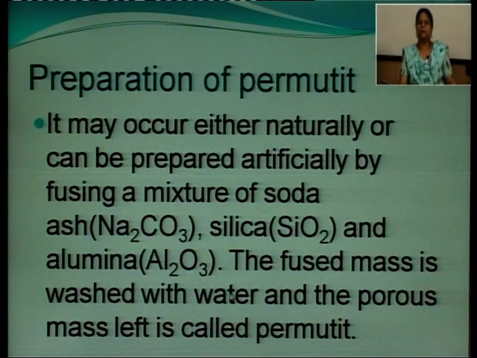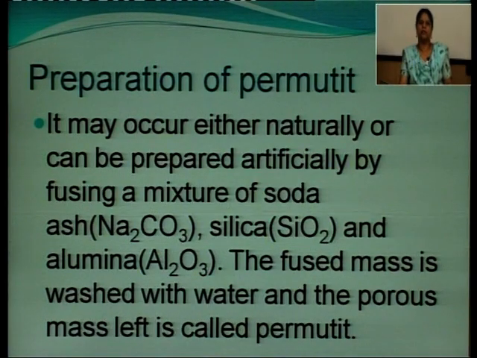This permutit is naturally occurring as well as it can be prepared artificially. In order to prepare permutit for trading, it is prepared by fusing a mixture of soda ash, that is sodium carbonate, silica having formula SiO2, and alumina, that is aluminium oxide or Al2O3.